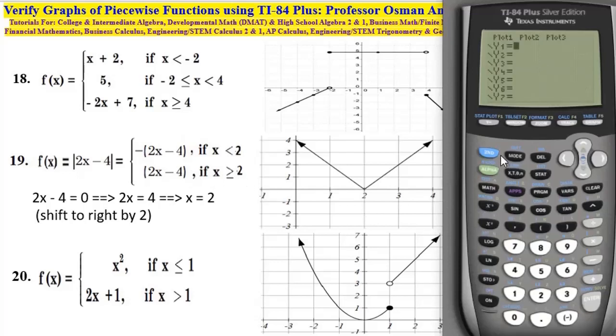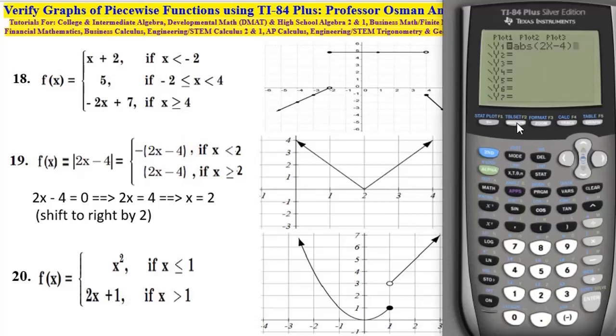The way is just go to math, num, absolute, call the absolute value function, and just type 2x minus 4. Okay, and adjust the window.